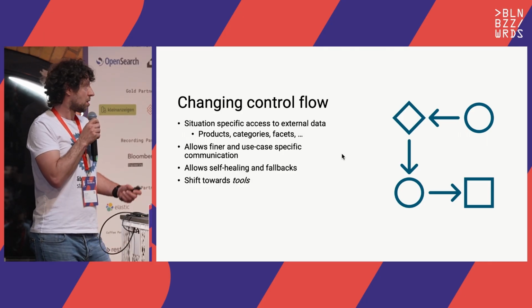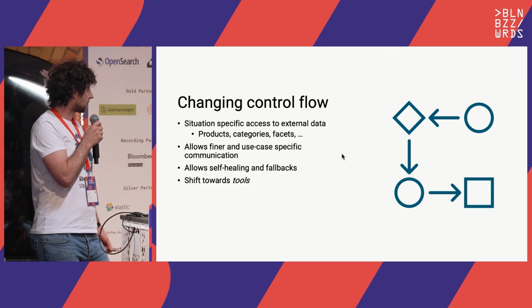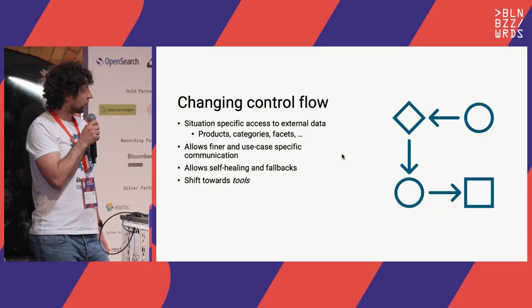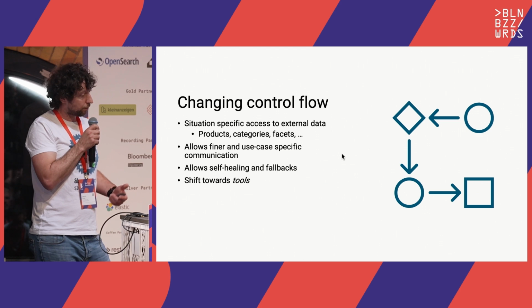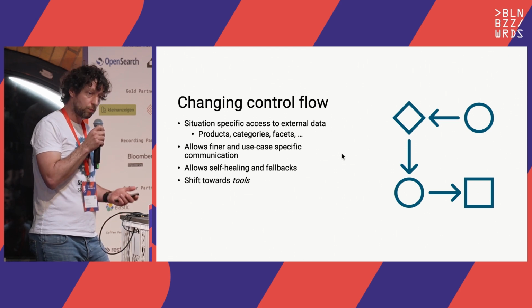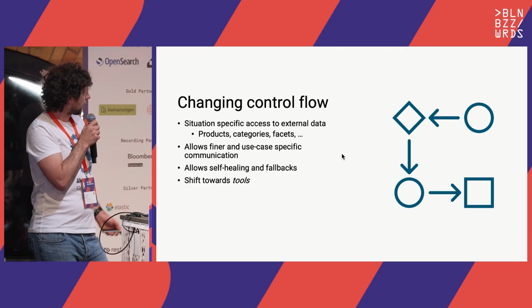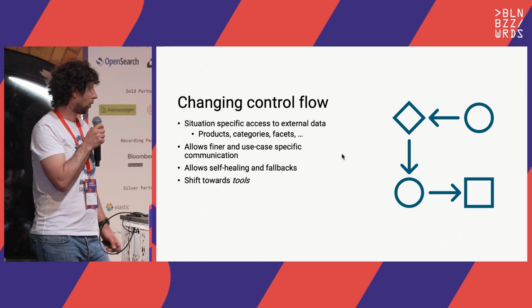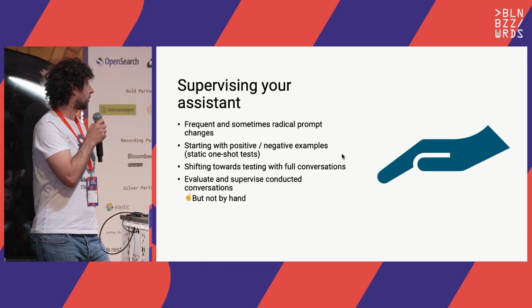Those were search products, give us a category overview, get the facets for this specific query, do the facet mapping and stuff like this. So basically we gave up our own control flow and gave more of it to the large language model. It is also able to reason a little bit about its own calls, so it could do fallbacks and self-healing. Yeah, and that's really great.